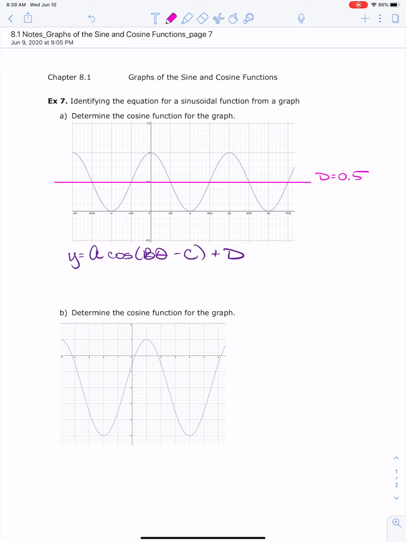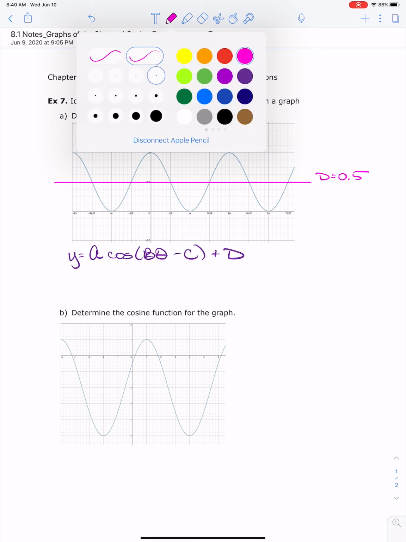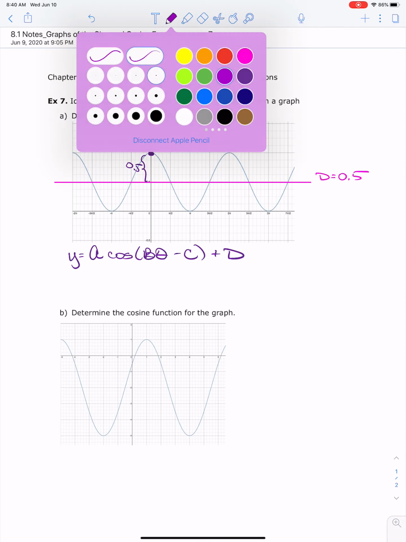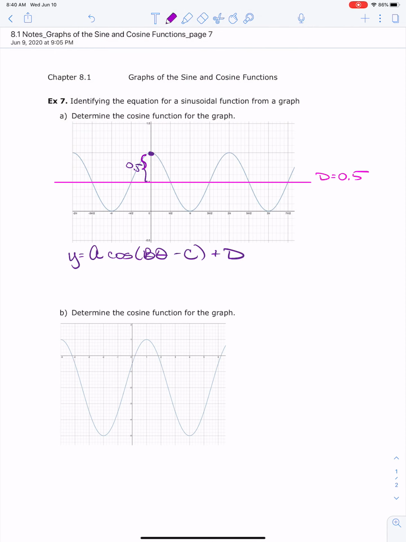So if I am looking at it that way, then this point right here on the graph, that would be the high point of my graph. This distance is 0.5. So let me use the right color. 0.5.